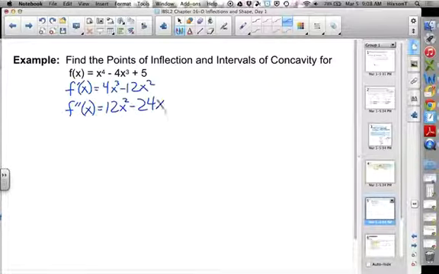So, if we're going to find points of inflection, first of all we need to find what values of x give us a second derivative equal to 0.